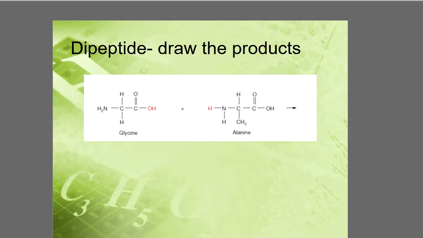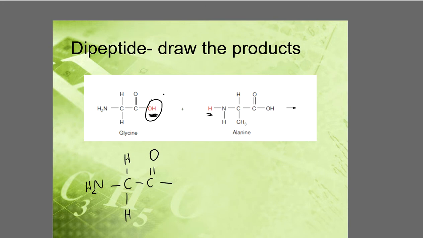All right, so some practice just drawing a dipeptide and particularly getting that bonding right, okay? So important here, you can see actually from the diagram, it's given you a little hint because we've got a red OH here and a hydrogen here, all right? So I'm going to draw my first glycine amino acid. Draw my backbone here, NH2, H. I've got my carbonyl carbon, and I'm going to leave that bond open.